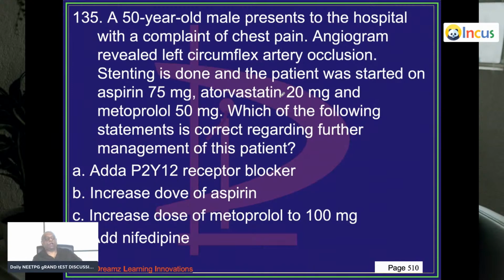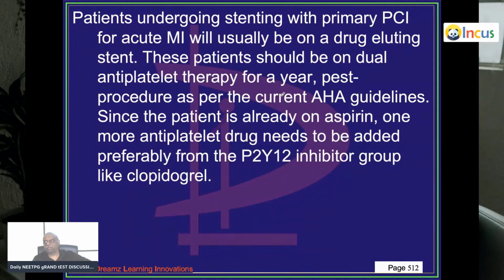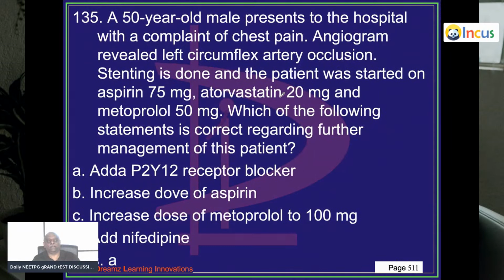50-year-old comes to hospital with chest pain. Angiogram shows left circumflex occlusion. Atorvastatin, aspirin, metoprolol was started. Which statement is correct regarding further management? You also need to add the P2Y12 inhibitor group. What is that? Clopidogrel.